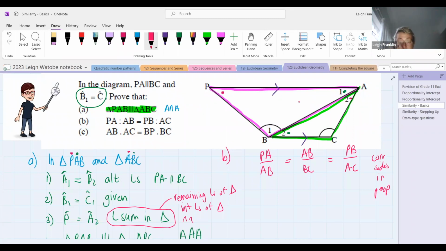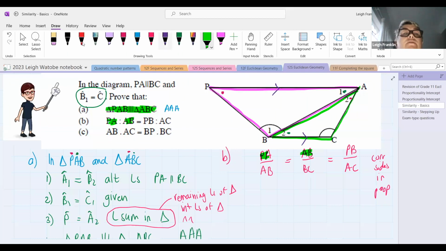Now you can go and look at what you want. So you want PA. Here's PA, there's PA. You want AB, there's AB. You want PB.